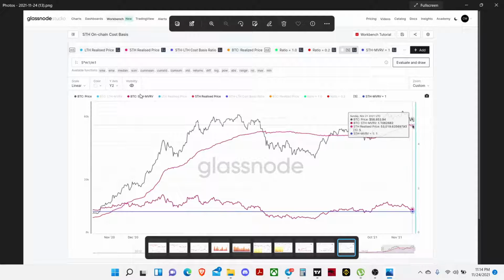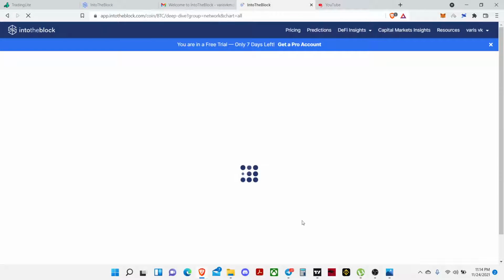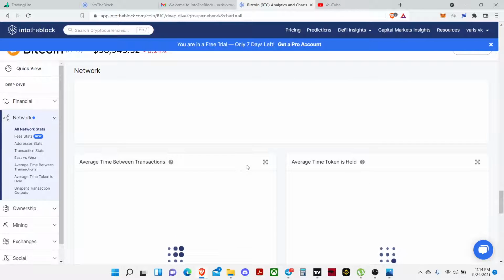I do my on-chain data analysis not from Glassnode, but from another website, Into the Block. This is a good website we can depend on for many on-chain data. So look at this.